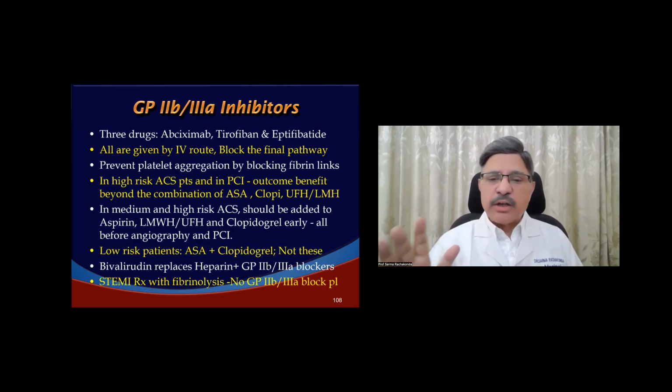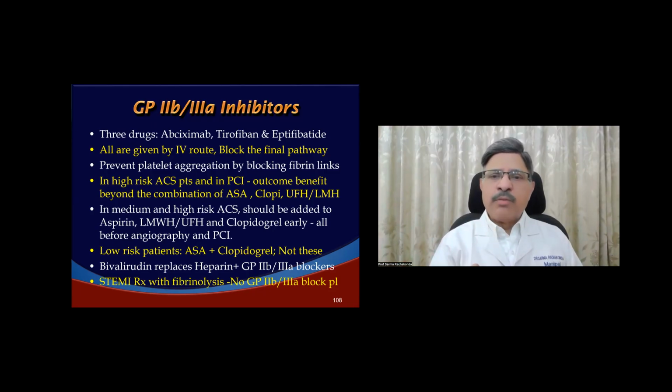Now you must understand the role of GP2B3A receptor blockers. What are these? GP2B3A receptors are required for the conversion of fibrinogen to fibrin. These 3 drugs, any one of them, abciximab, tirofiban, or eptifibatide, they block the 2B3A channel, the final channel.